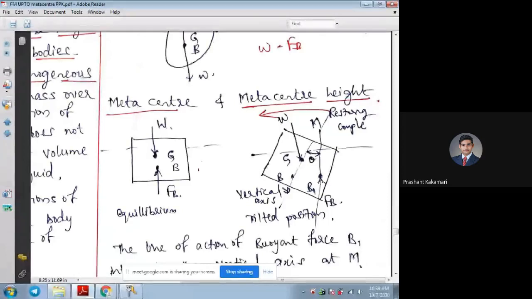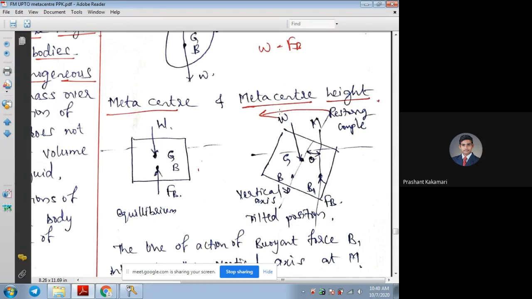Here the couple is applied on the right side as per the given sketch. Maybe because of stability, it may have a restoring couple, or with respect to unstable conditions, it may have a destroying couple also. But for derivation, we have to take the restoring couple. This is very important. If you take a destroying couple, then there is no meaning of finding the metacentric point. So we need to find out what is to be done for the restoring couple.